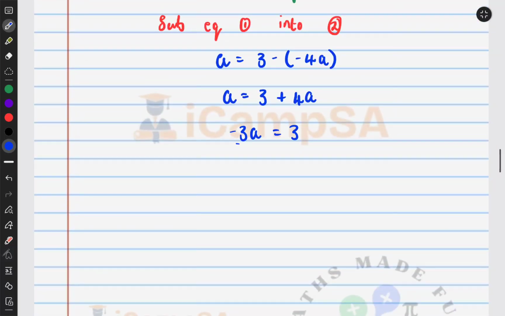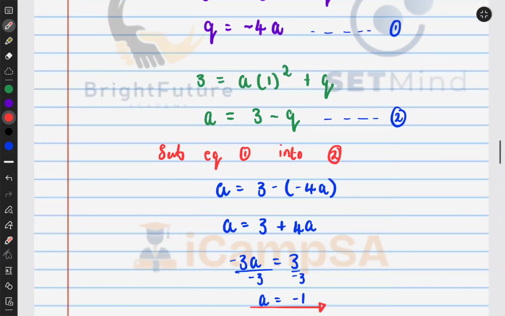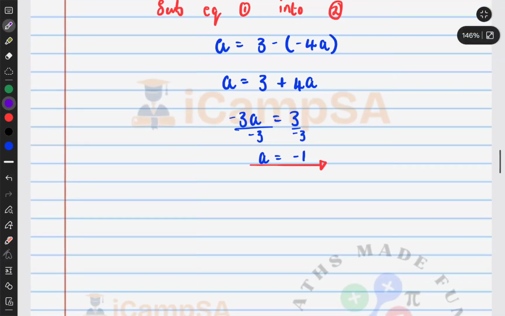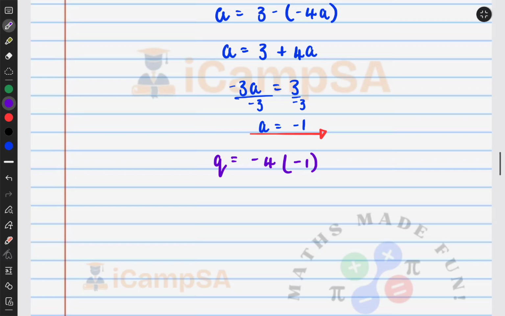We divide by negative 3 on both sides. Therefore, a is equal to negative 1. We can substitute that to find the value of q. q is equal to negative 4 multiplied by a, which is negative 1. Therefore, q is equal to negative 4 multiplied by negative 1. We're gonna have a positive 4.